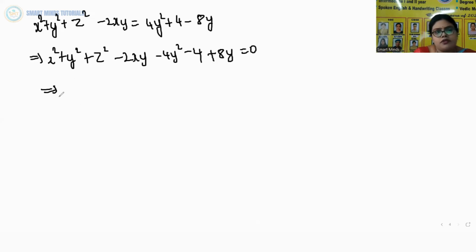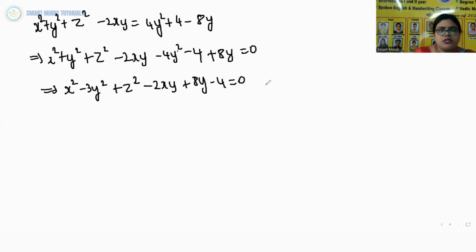If we further solve it, x square, y square minus 4y square is minus 3y square plus z square minus 2xy plus 8y minus 4 is equal to 0. This is the required cone equation.